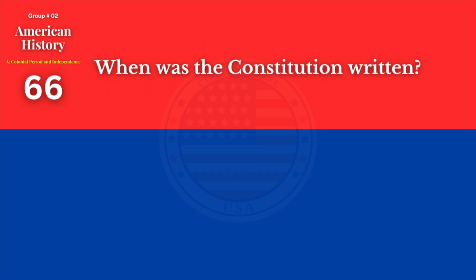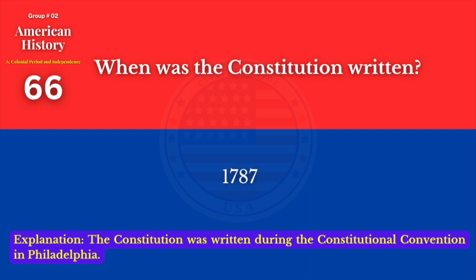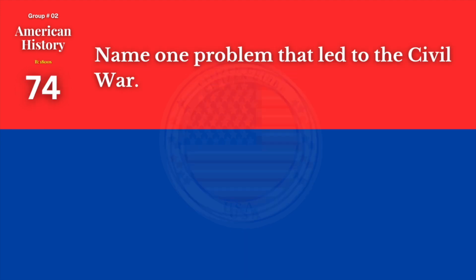When was the Constitution written? 1787. Name one problem that led to the Civil War. Slavery.